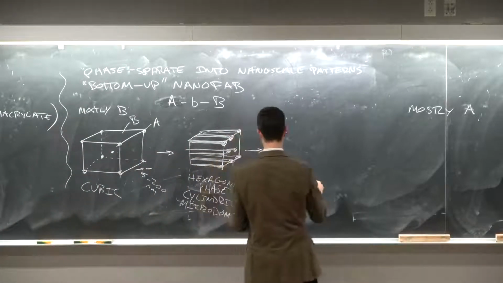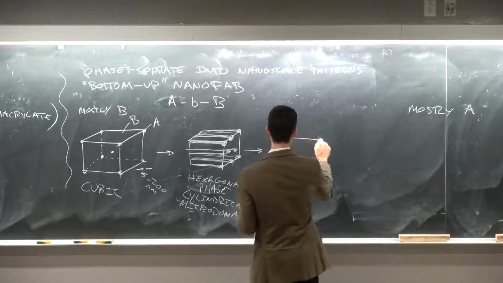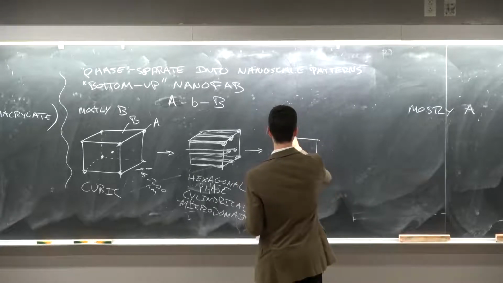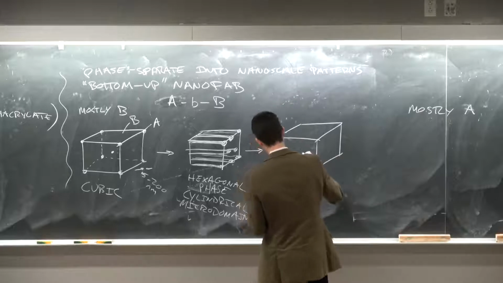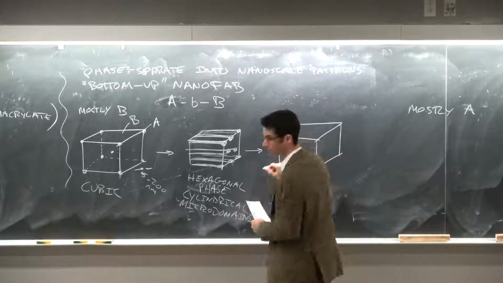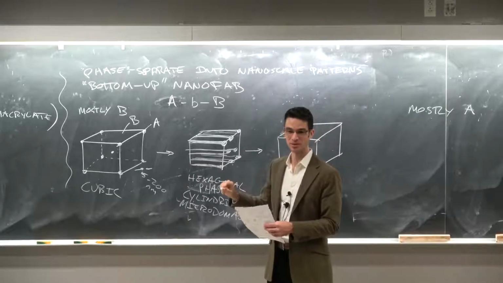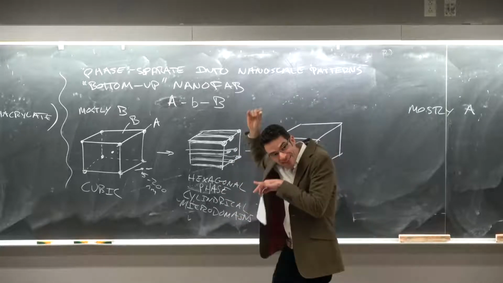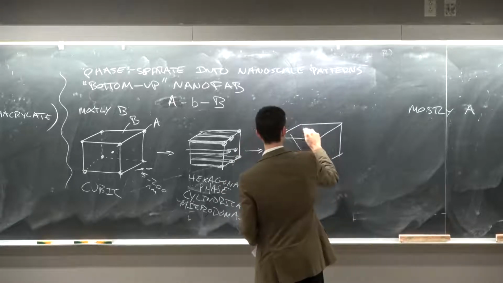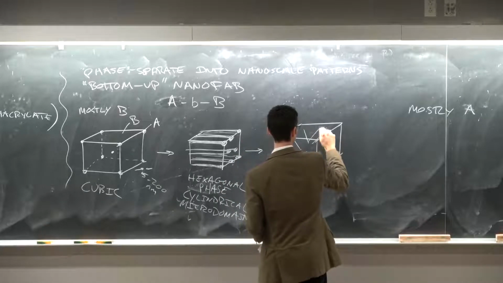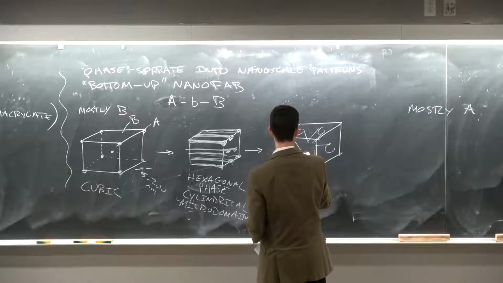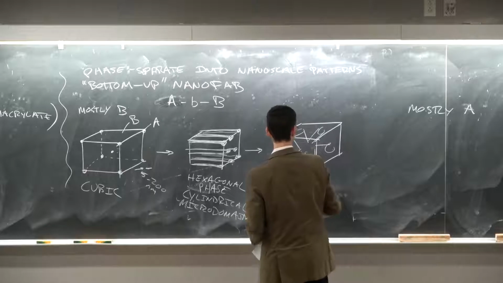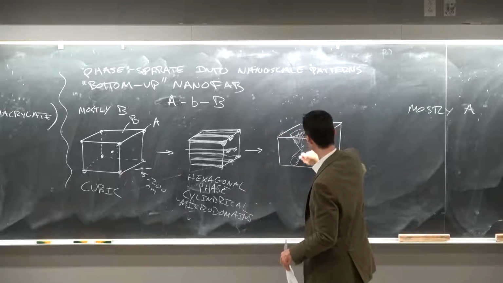Then we have my favorite structure, which is impossible to draw, but I'm going to just draw some BS and ask you to look it up. It's called the gyroidal structure, which looks like a contortionist. We are not even going to try.